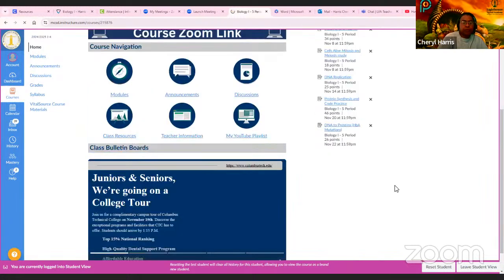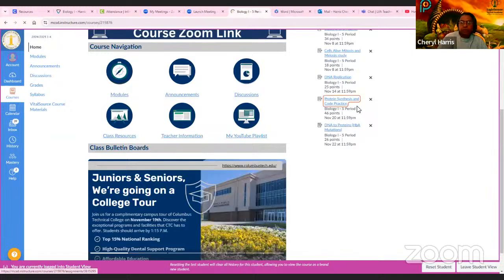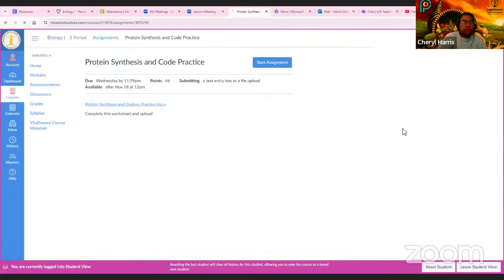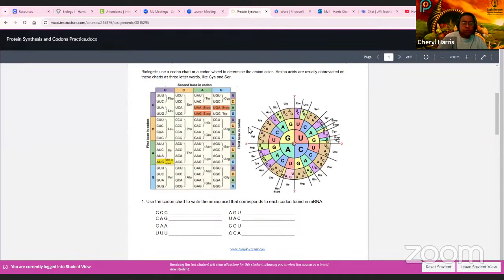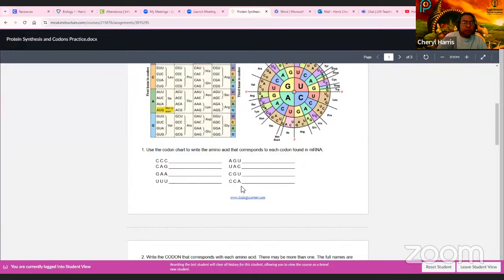All right, so we're going to look at protein synthesis and coding. So that was the first worksheet that you had to do. And again, that's basically what she was going through. So on the first one, you had to translate these codons using one of the charts, and you are to write the amino acid on the line.